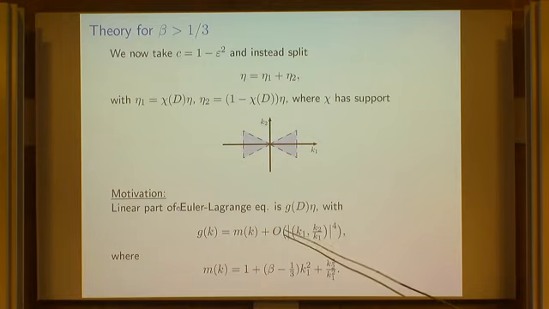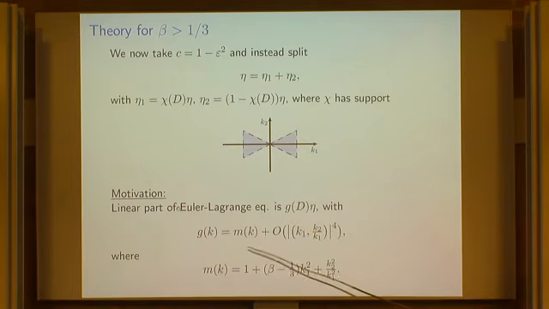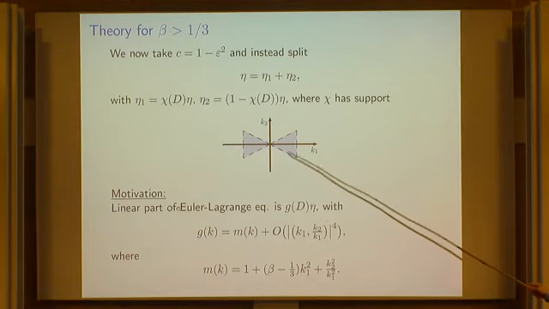If you expand the linear part of the Euler-Lagrange equation, it looks like this, and then you can get exactly the KP equation, and you see here that you have exactly this quotient k2 over k1, and it also appears in the remainder. If you want this to be small, you have to control this remainder, or this quotient k2 over k1. If you have a set like this, then this quotient will be bounded.